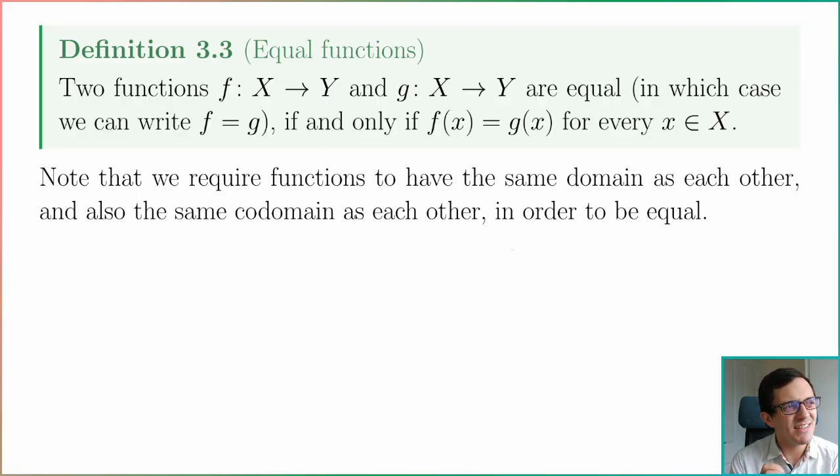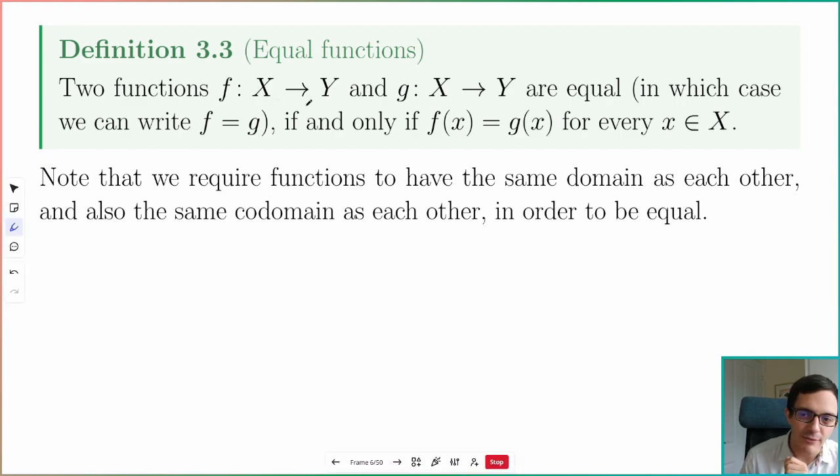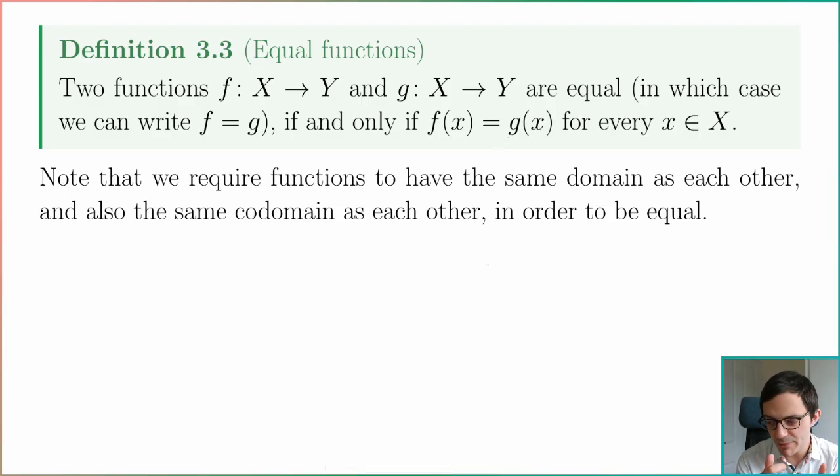So this is a fine distinction, a narrow distinction, but functions are only considered the same if x and y, if you like, are the same for these two functions. We're going to see some examples of very similar looking functions where the domain and codomain are not the same.